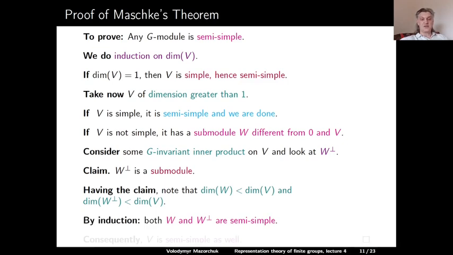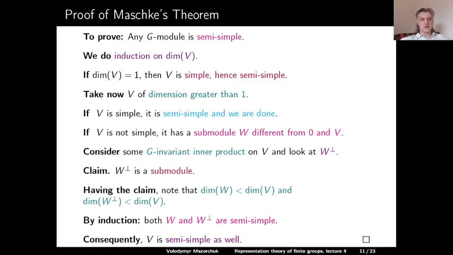Now, by induction, both W and W perpendicular are semisimple modules, and therefore V, being a direct sum of W and the orthogonal complement, is also a semisimple module.